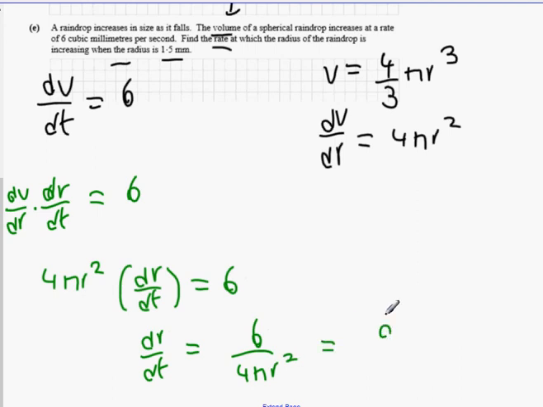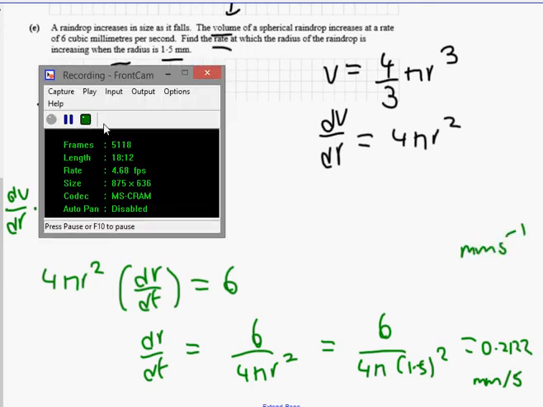However, in this question we're told it's a very specific value of r, which is 1.5. Put that into the calculator and you get 0.2122. Now please remember it's the rate at which its radius is increasing, isn't it? So it increases by millimeters and it's measured using time, millimeters per second, or mm s to the minus 1.